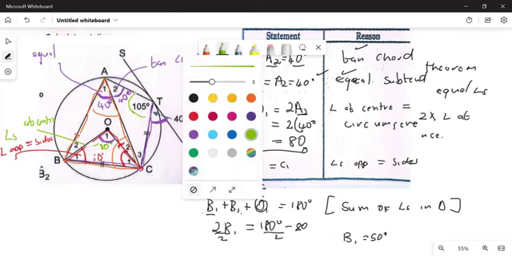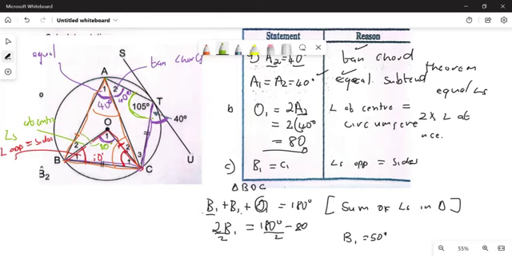We know that this one here is 105. And then we know that if I add these two, they're supposed to give me what? 180. So we'll say angle B plus angle T give us 180 degrees. Reason being we have opposite angles of a cyclic quad.